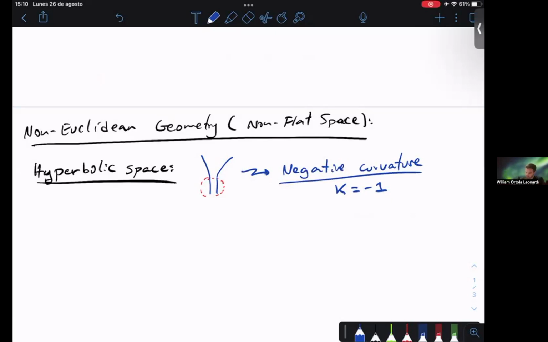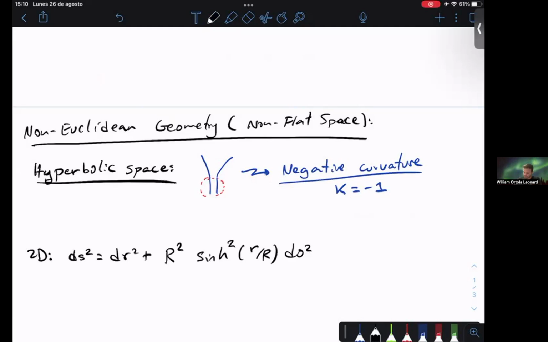Now in two dimensions, the metric is given by ds squared equals dr squared plus capital R squared times the hyperbolic sine squared of (r over capital R) times d theta squared, okay? What does this big R represent?